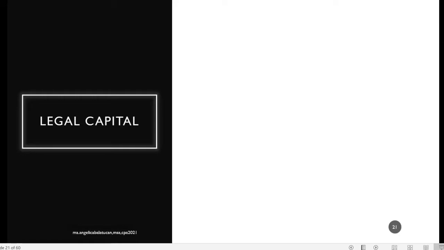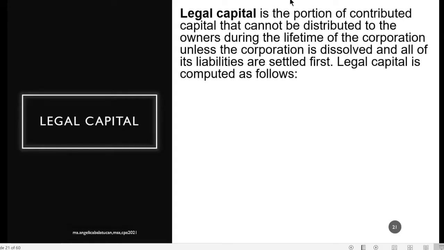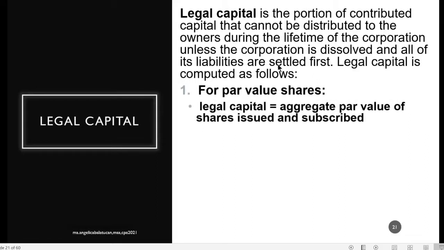Then we have the legal capital. This is the portion of the contributed capital that cannot be distributed to the owners during the lifetime of the corporation unless the corporation is dissolved and all of its liabilities are settled first. It is computed, for par value shares, as the aggregate par value of the shares issued and subscribed.